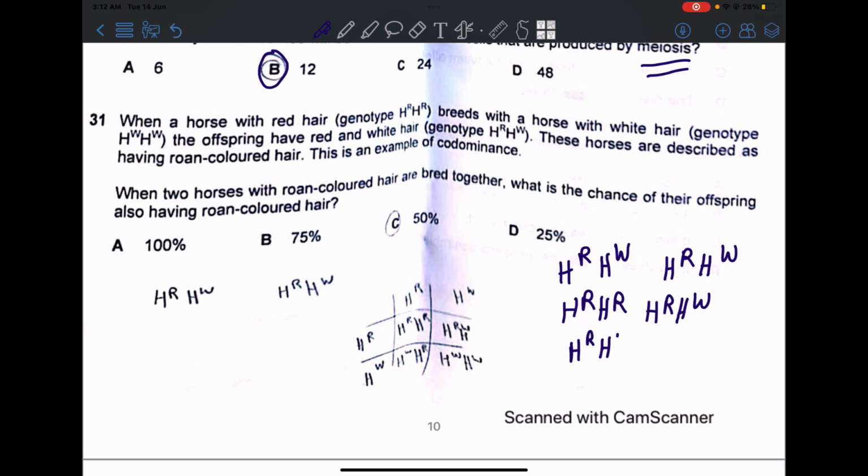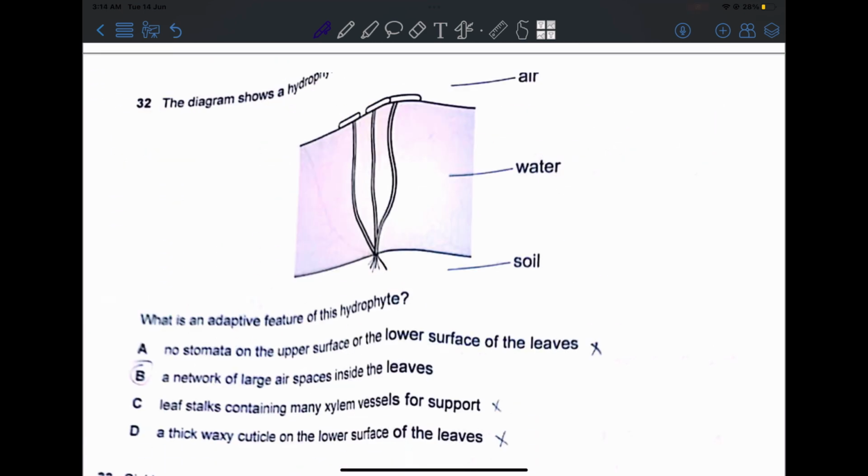HRW again, so this is another roan-colored, and then HW and HW. So we have a 50% chance of getting a roan color and 25% chance of getting a white, and the other 25% for the red color. So this is going to be a 50% chance.